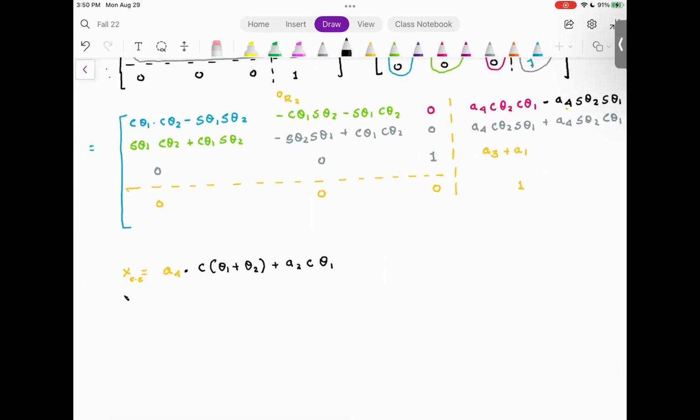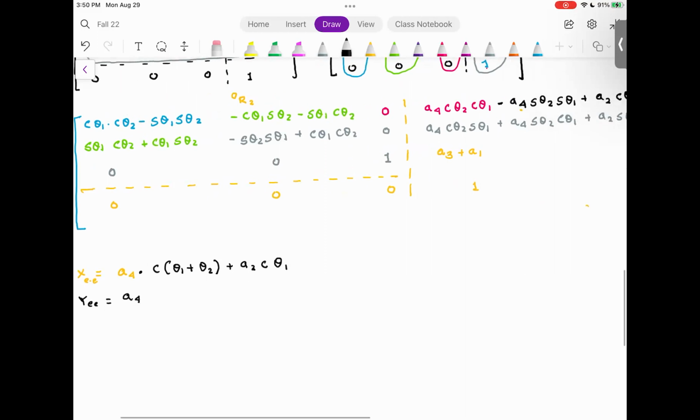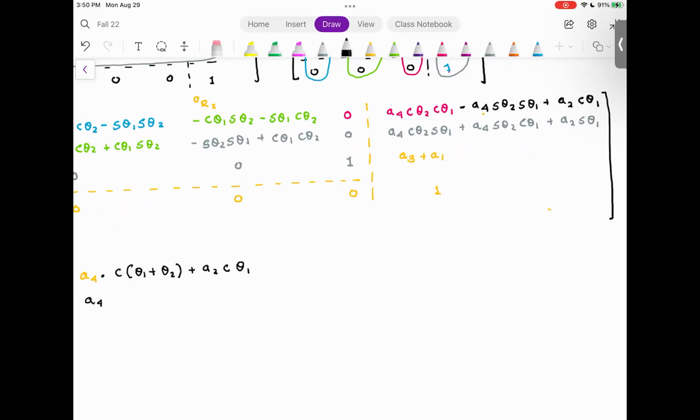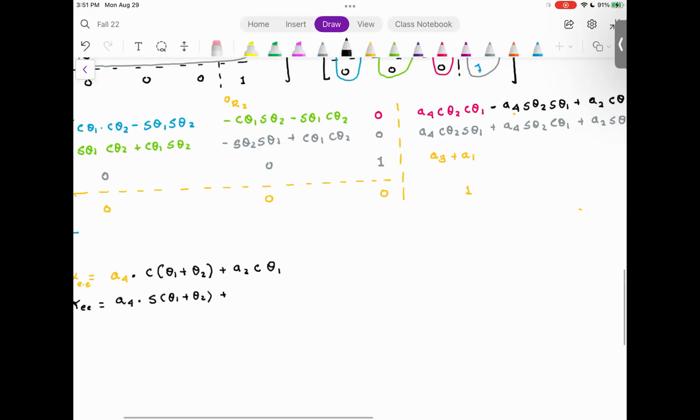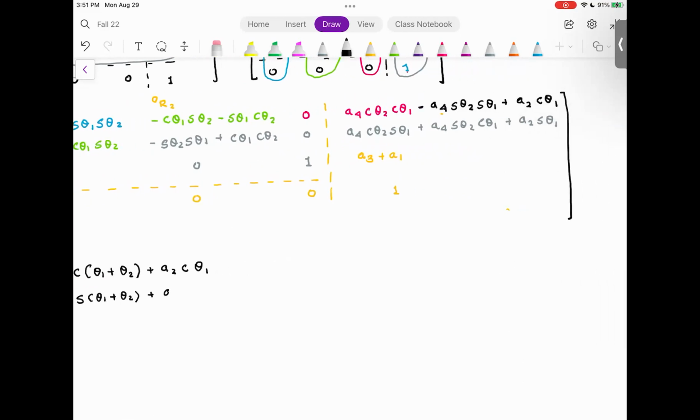Next thing, Y end effector is going to look like A4 cosine theta 2 sine theta 1 plus sine theta 2 cosine theta 1. What is that? Sine theta 1 plus theta 2, plus A2 sine theta 1.